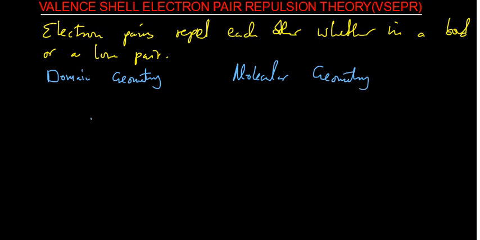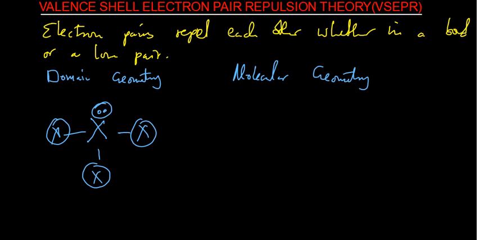For example, if you've got an atom with a lone pair, bonded to X, and also bonded to X. In this case, for the domain geometry, we are going to consider 4 things around it. So the domain geometry will be named according to how many things are around the atom, including the lone pair of electrons.